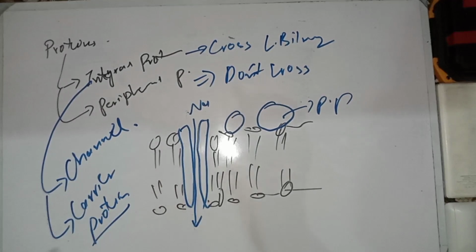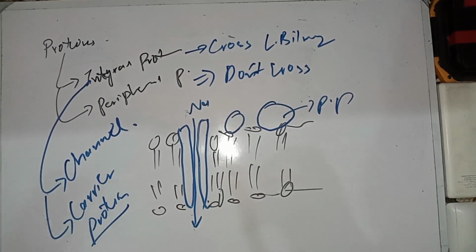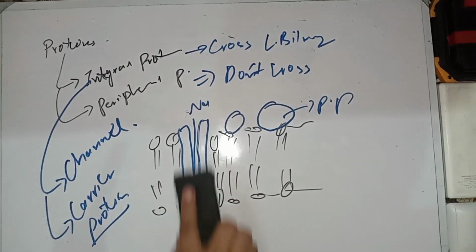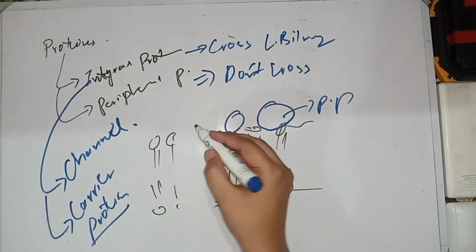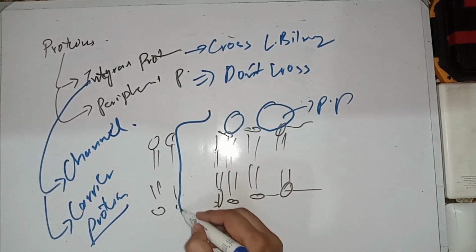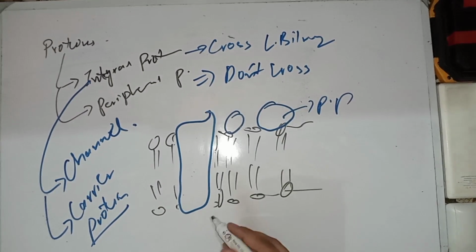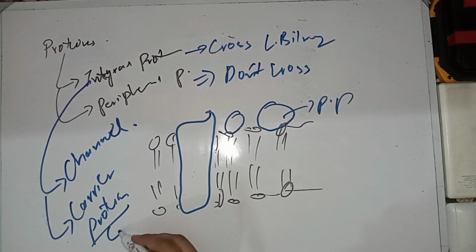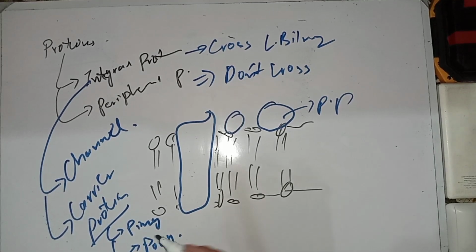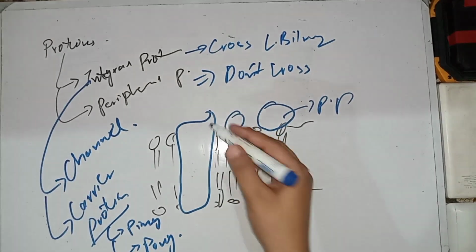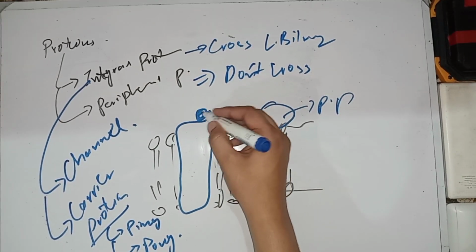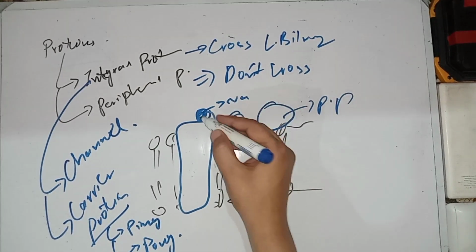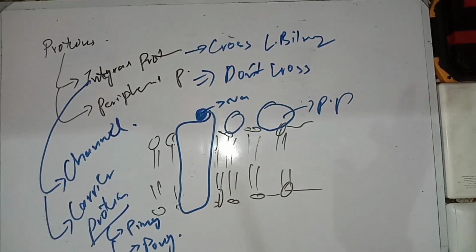Carrier proteins are another configuration of protein. For example, supposedly this is a carrier protein here. This carrier protein exists in two configurations, ping state and pong state. So what are these states? Here it binds an ion, it can be sodium, for example, and when it binds sodium, it is a ping state.